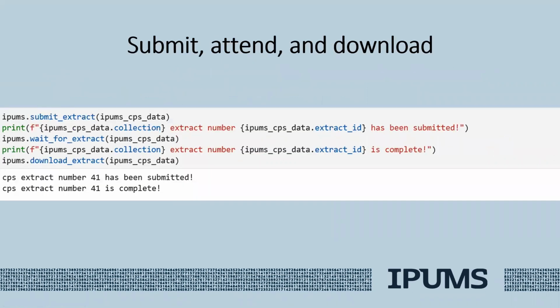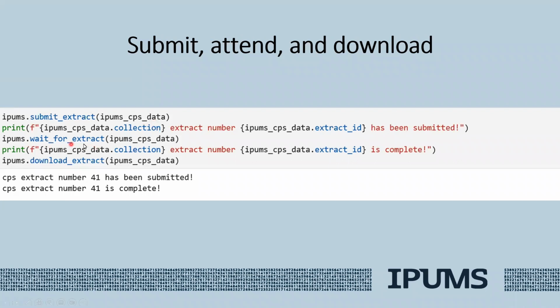And now with just a few lines of code, we can submit, wait for, and download our extract. So just to talk this through, this submit extract method is going to submit the extract that we defined in the previous slide to the IPUMS extract system.